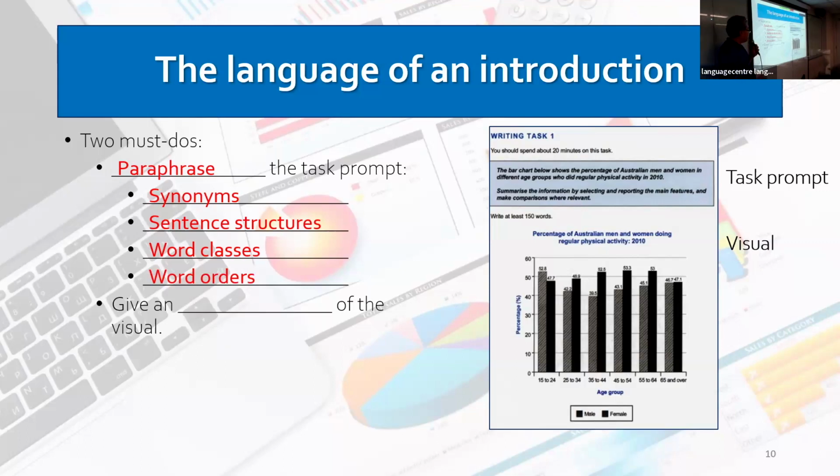We can also think about the word orders, right? Sometimes in the introduction, there will be phrases like the x of y, like the length of your writing. I actually have an example in the PowerPoint slide I've shown you. I used task types, right?